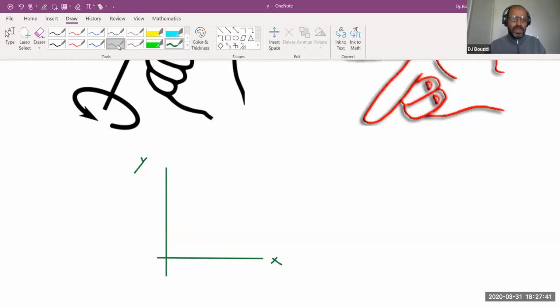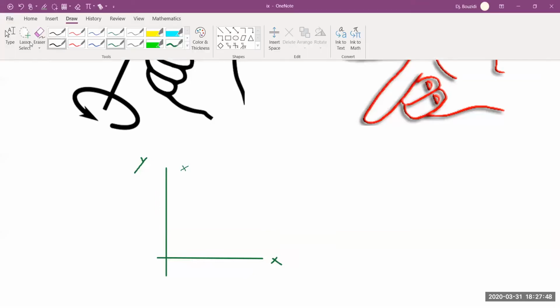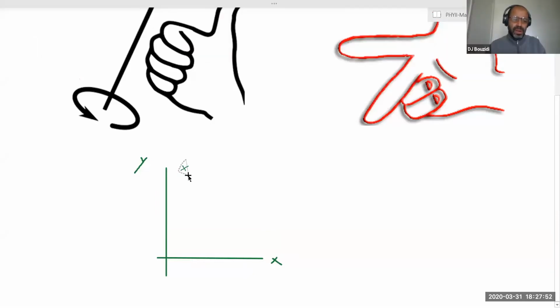So we're going to draw this one in here a little bit thin. Okay, X is into the page, right? X is going into the page, yes. So I'm going to copy and paste. Oops, I drew it in there.